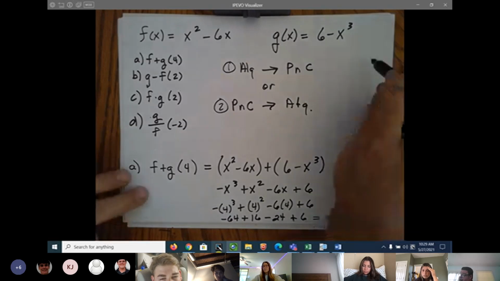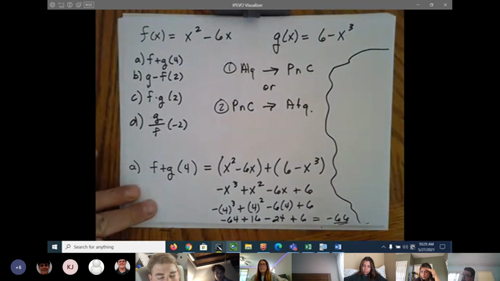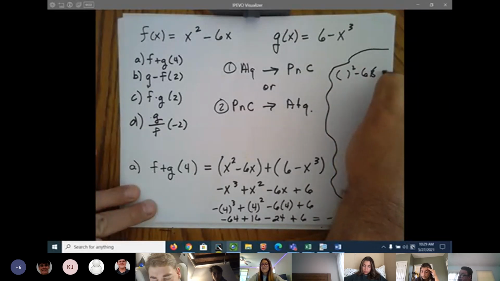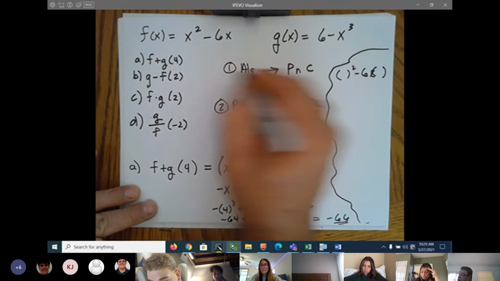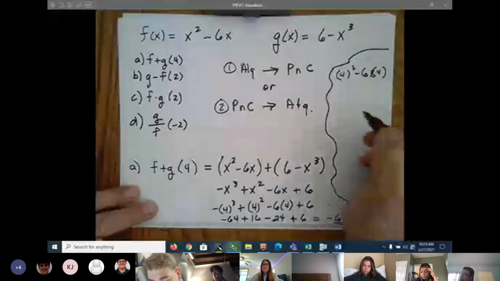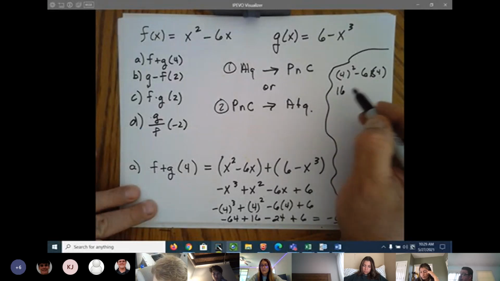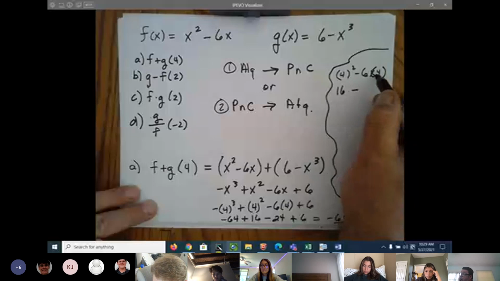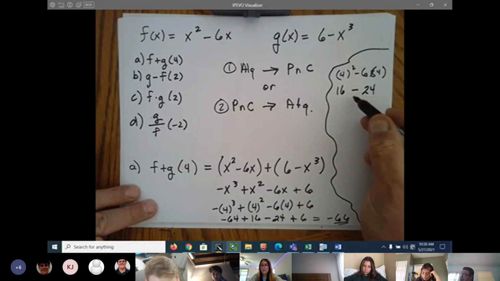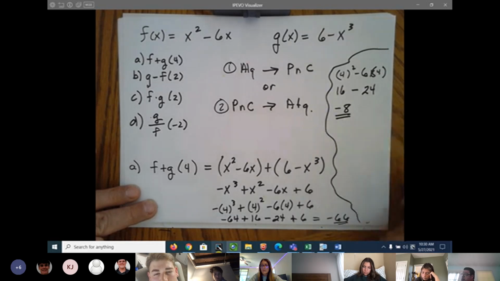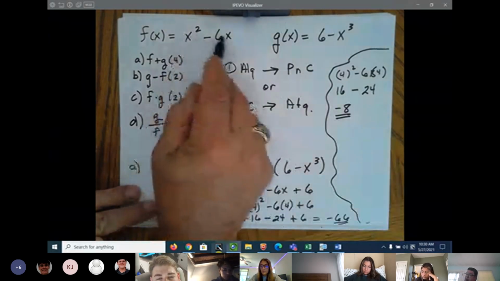I'll do it over here, method 2. Okay, so parentheses squared minus 6x, parentheses, and I'm going to plug in a 4. And then I'm going to get a number. So 4 squared is 16. And 6 times 4 is 24. And 16 minus 24 is negative what? Negative 8. So that's what happens when I plug 4 into this.